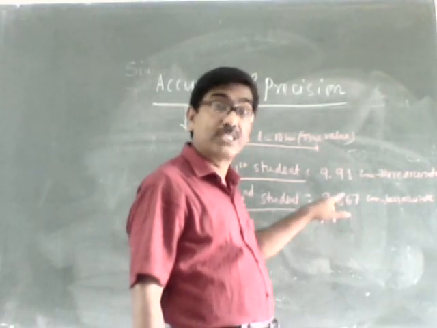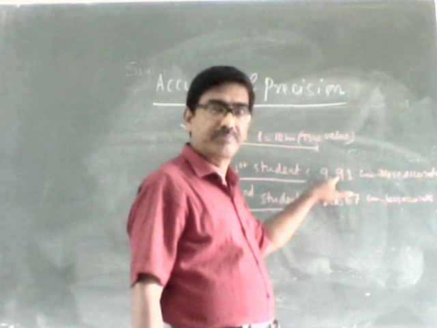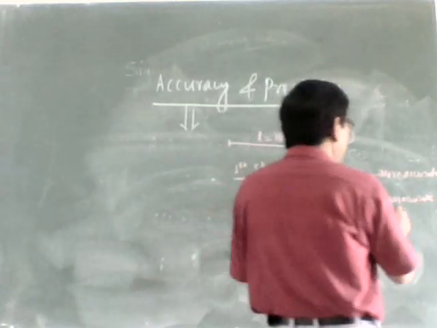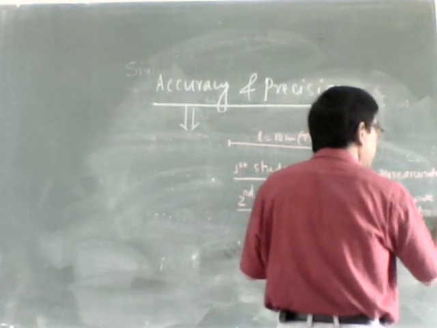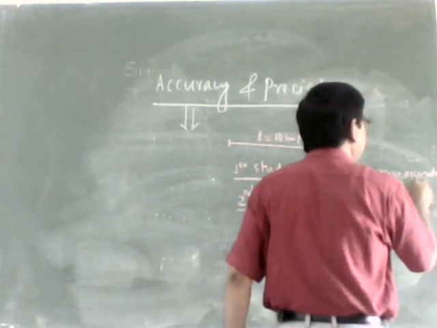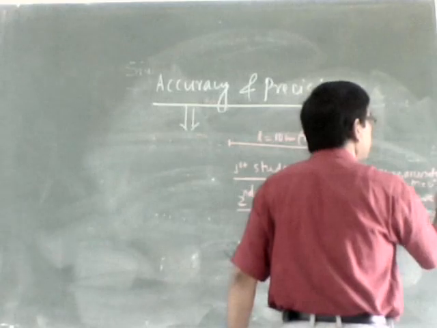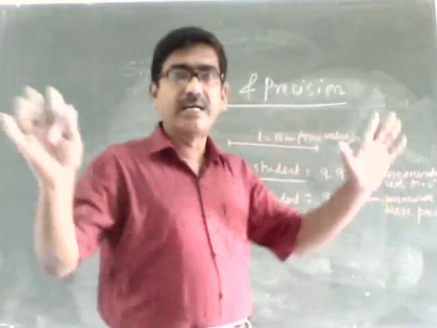So this is more precise than the first value, and the first is less precise. Is it clear?